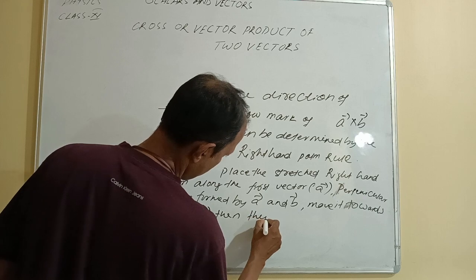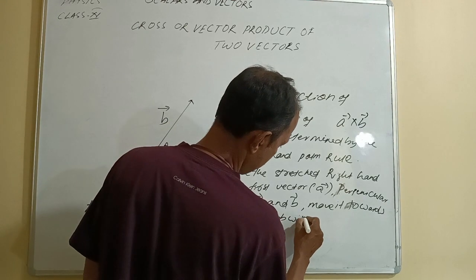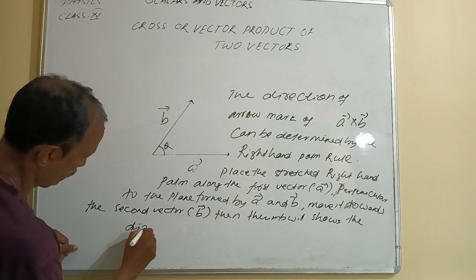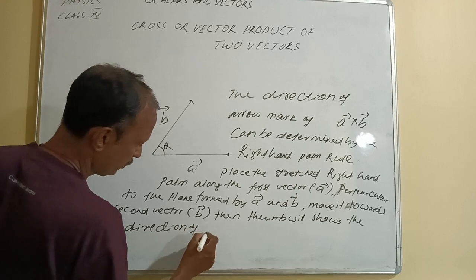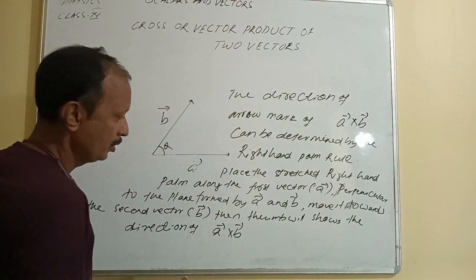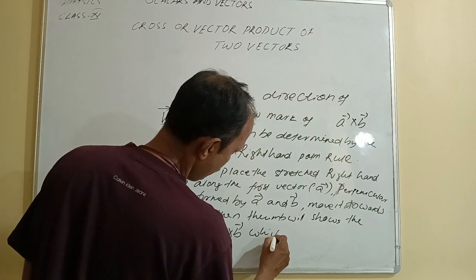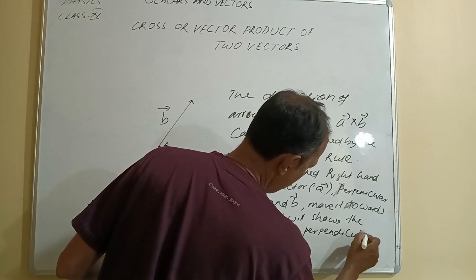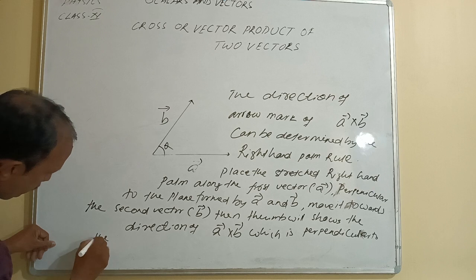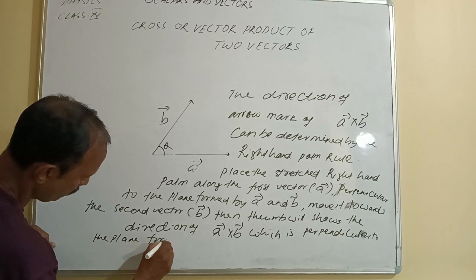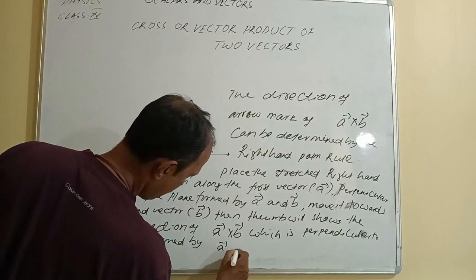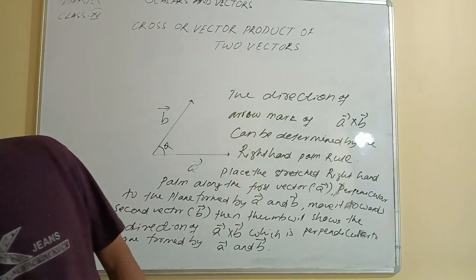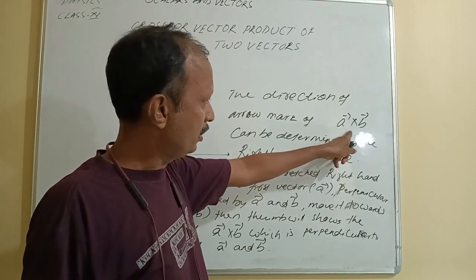Then the thumb will show the direction of arrow mark or A cross B, which is perpendicular to the plane formed by A and B. So this is the way we can find the direction of the arrow mark or direction of the product A cross B.